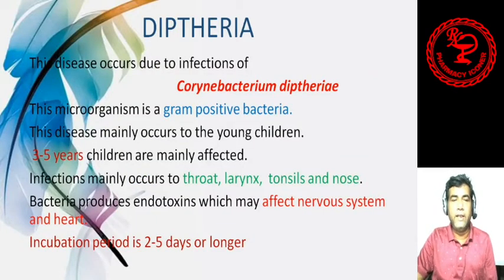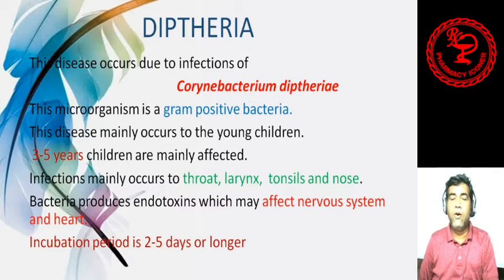Now, diphtheria. This disease occurs due to infection by Corynebacterium diphtheriae. This microorganism is a gram-positive bacterium, and the disease mainly occurs in young children of 3 to 5 years.